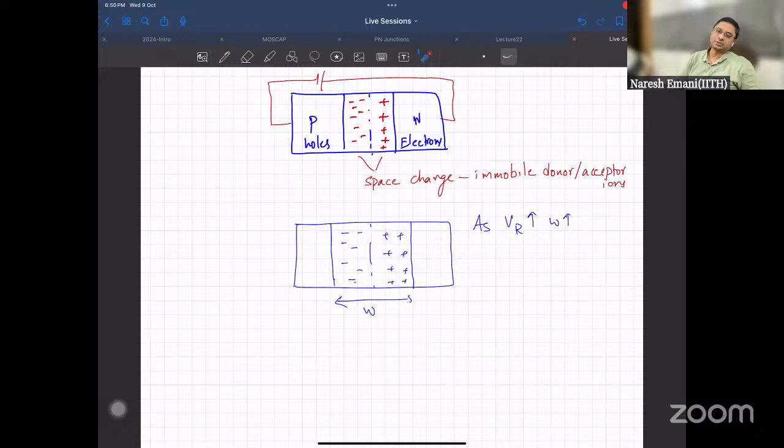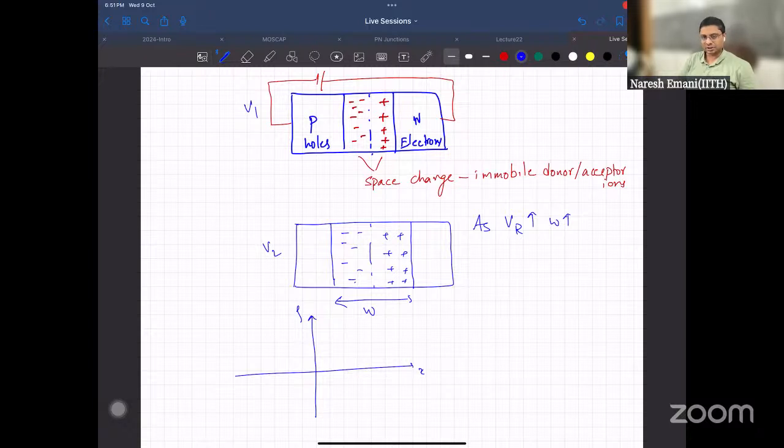Now, if I have to ask you one simple question, can you draw how the charge profile looks like in these two cases? Let's say this is voltage V1, and this is voltage V2. How does the charge profile look like as a function of X? Think of this X, and this is your rho, some charge.